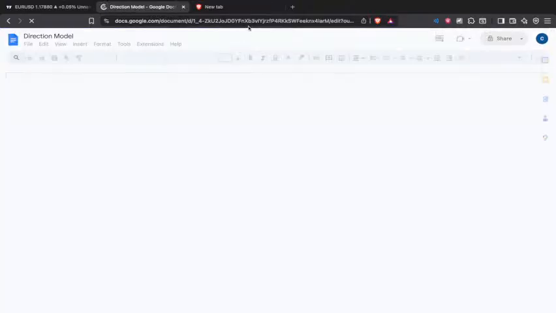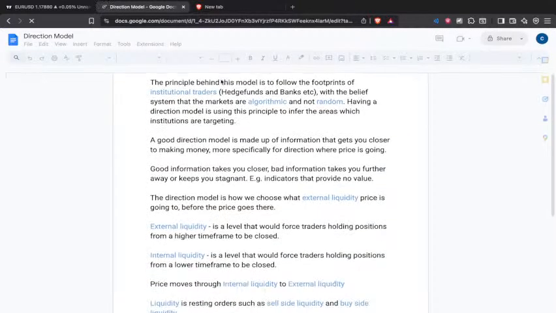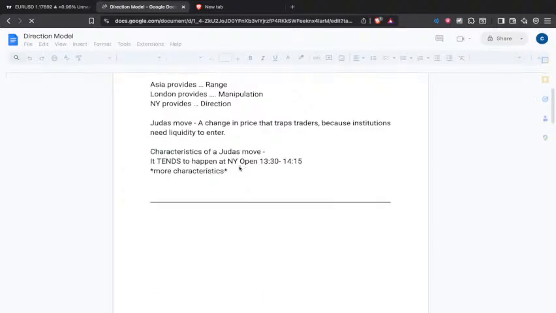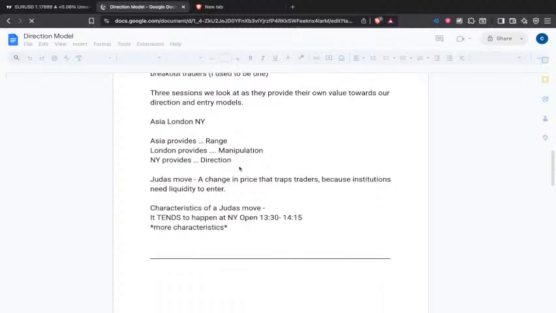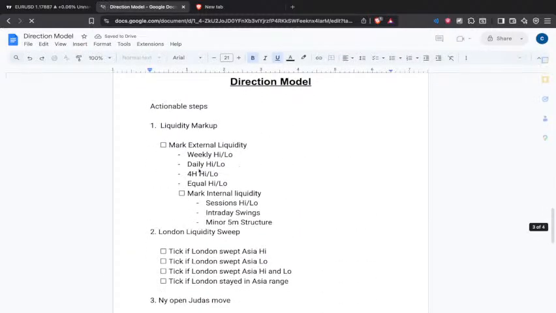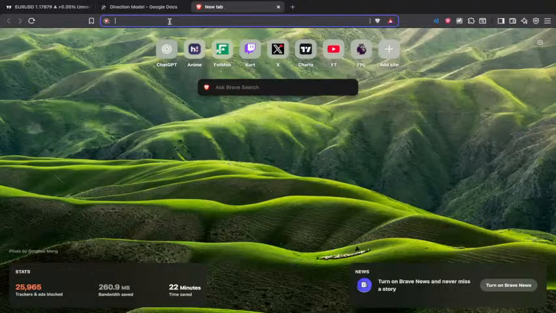I'll probably do that off stream, but we're going through this on stream because I started stream earlier. This is what our direction model has written up together so far. So more to update on it. But the most important bit will be the actionable steps, which will be the checklist which you can interact with, where you get to go step by step and look at the charts to then execute the direction model.